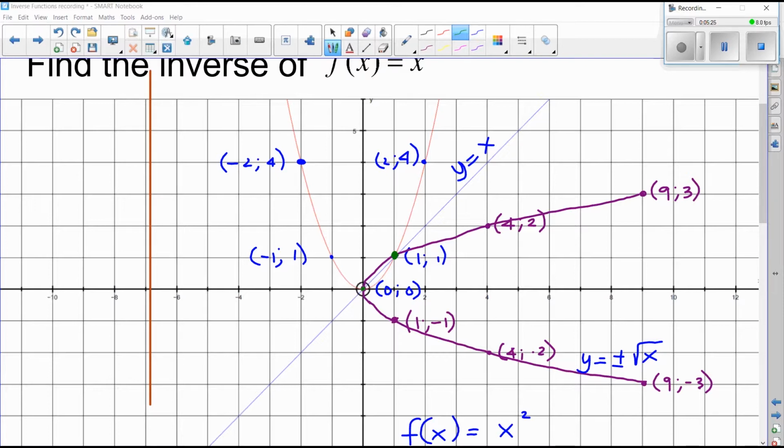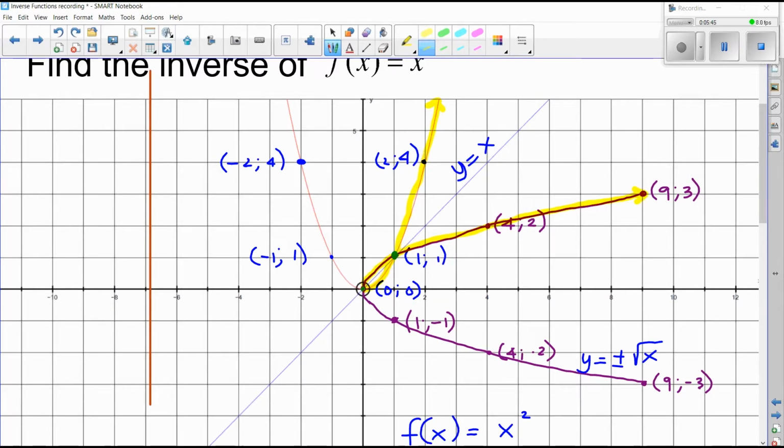So I could draw my graph for positive x values only. If I just draw the arm of the graph for positive x values, that means for x greater than or equal to 0, then my inverse function will be this yellow graph here.